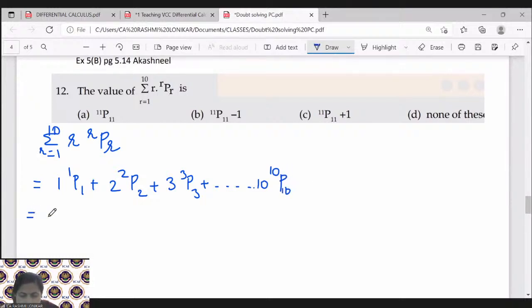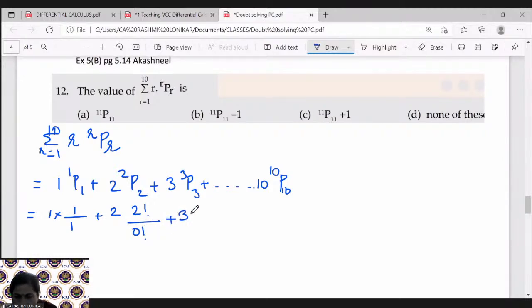Now how much is this? 1 into 1 factorial upon 1 minus 1, which is 0 factorial, which is 1. Plus 2 into 2P2, so this is 2 factorial upon 2 minus 2, so 0 factorial.